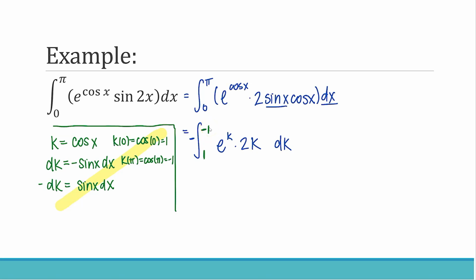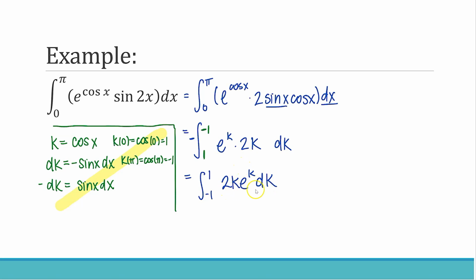In order to flip them, I would need to make there be a negative in the front, so it's going to cancel with the negative that's already there. So I'm going to have the integral from negative 1 to 1 of 2k e to the k dk.